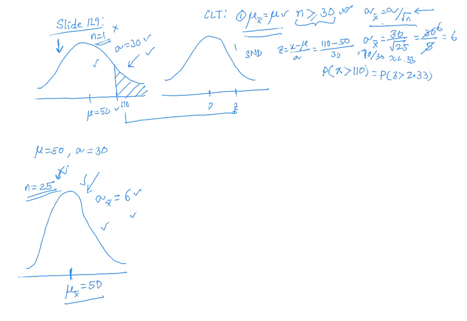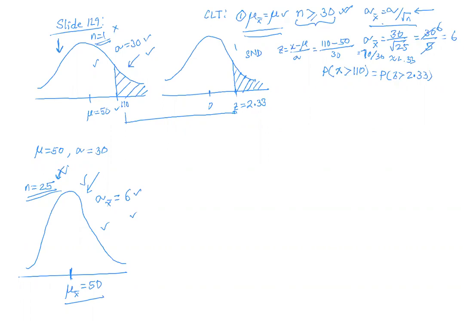2.33. Now, that's the area I am talking about. However, the problem is that the standard normal distribution table does not give you that area. If I look at z equal to 2.33, then we are going to get the area to the left of that point.